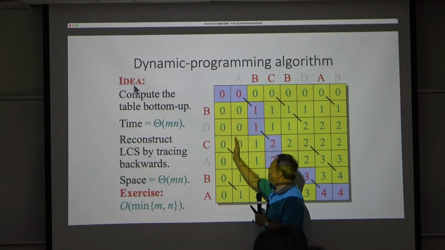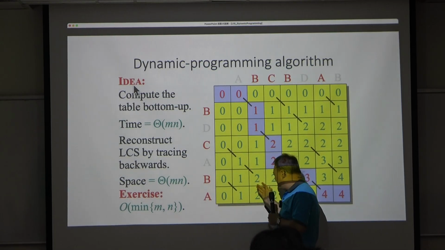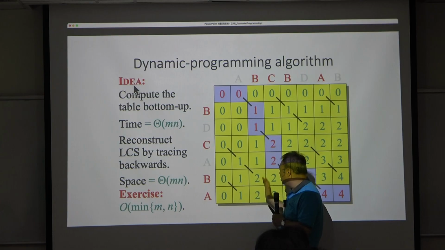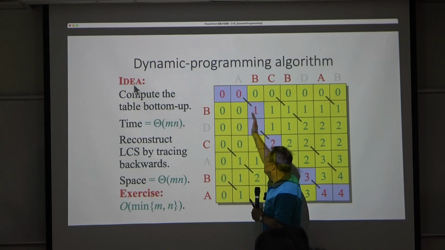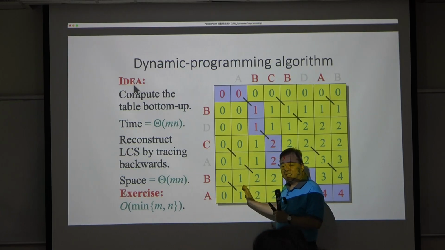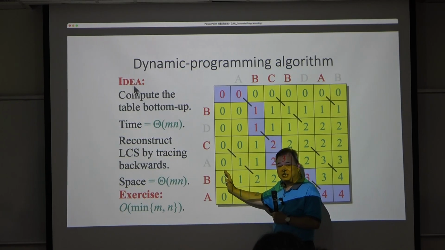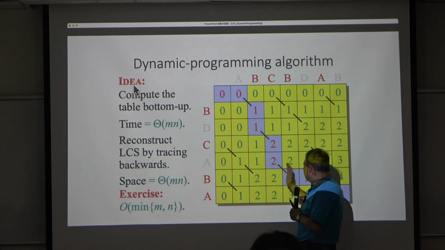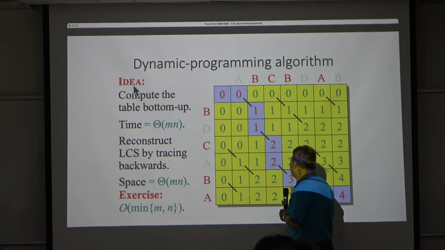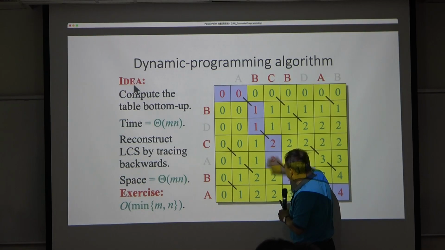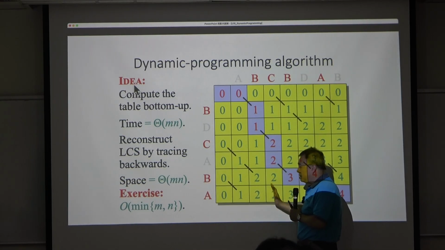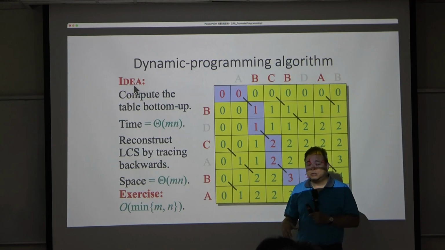When you try to construct this column, you only need to know the previous column, right? This part is no longer useful. When you are in the position to compute this column, you only need the content from the column before it. So the previous columns are no longer useful.